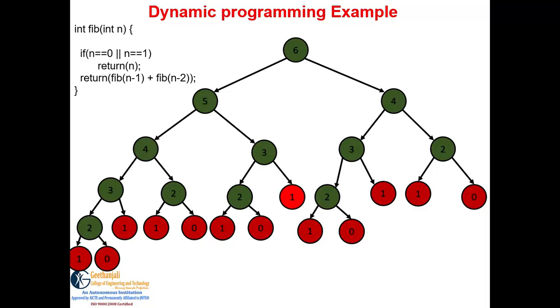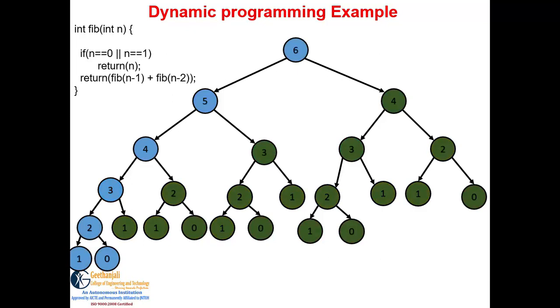You can see that many times you are calling the same Fibonacci with the same value. Here Fibonacci 4 is called 2 times, and Fibonacci 3 is called 3 times. You can count and see how many times the same subproblem is solved repeatedly in this recursive call.